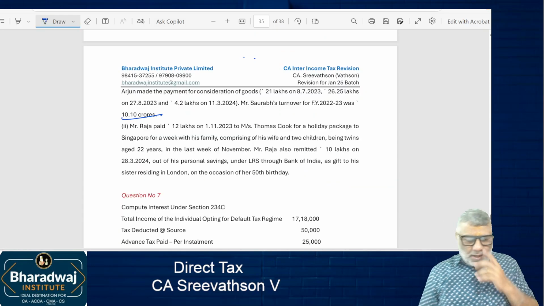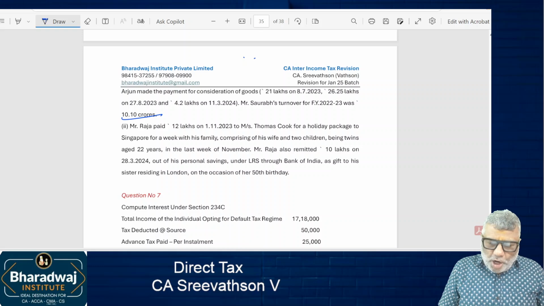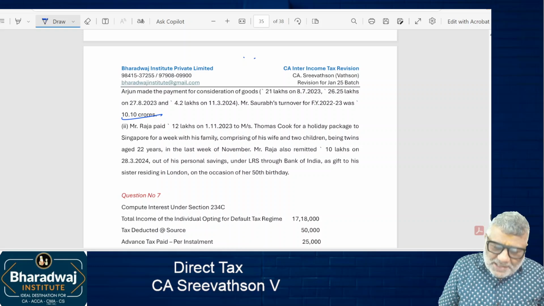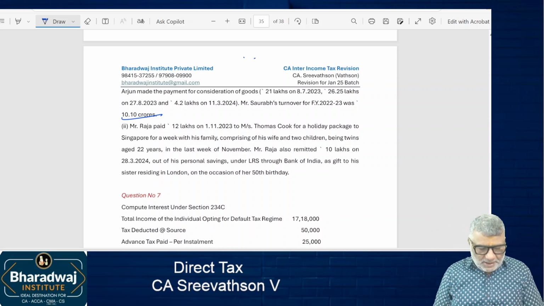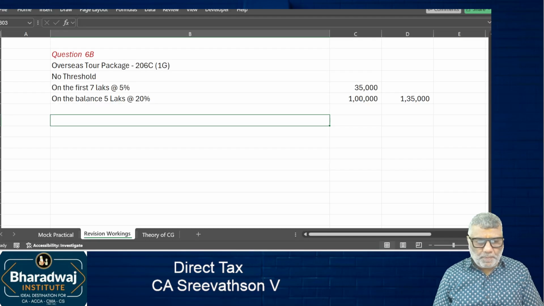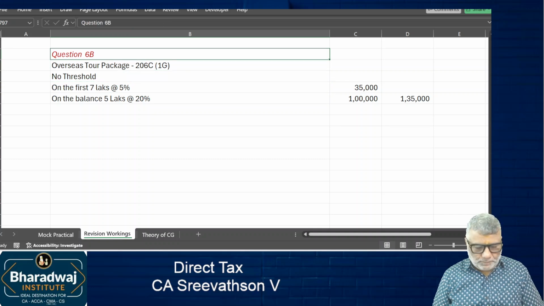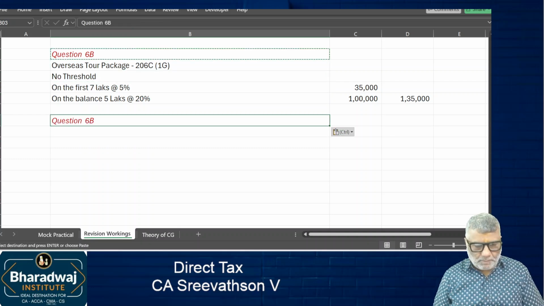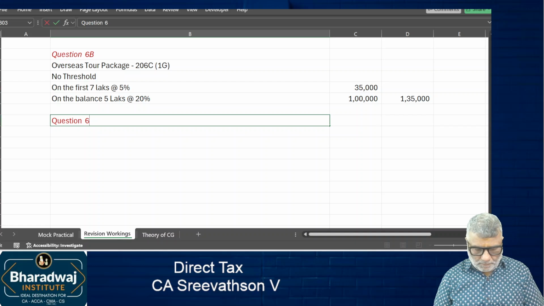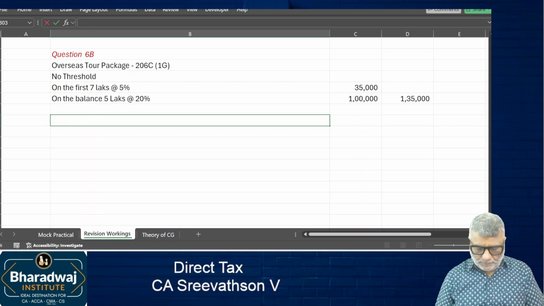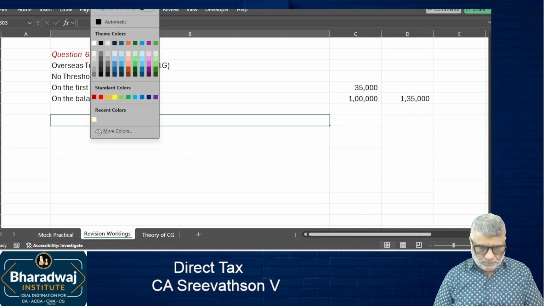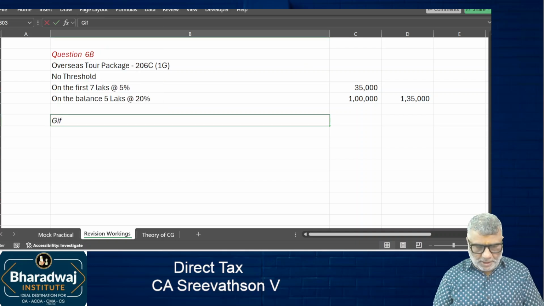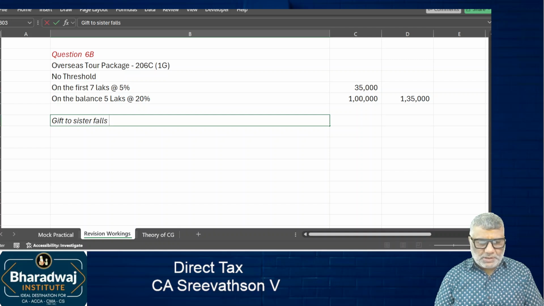In this case, Mr. Raja also remitted 10 lakhs out of his personal savings under LRS, so it falls under others. Gift to sister falls under other remittances.